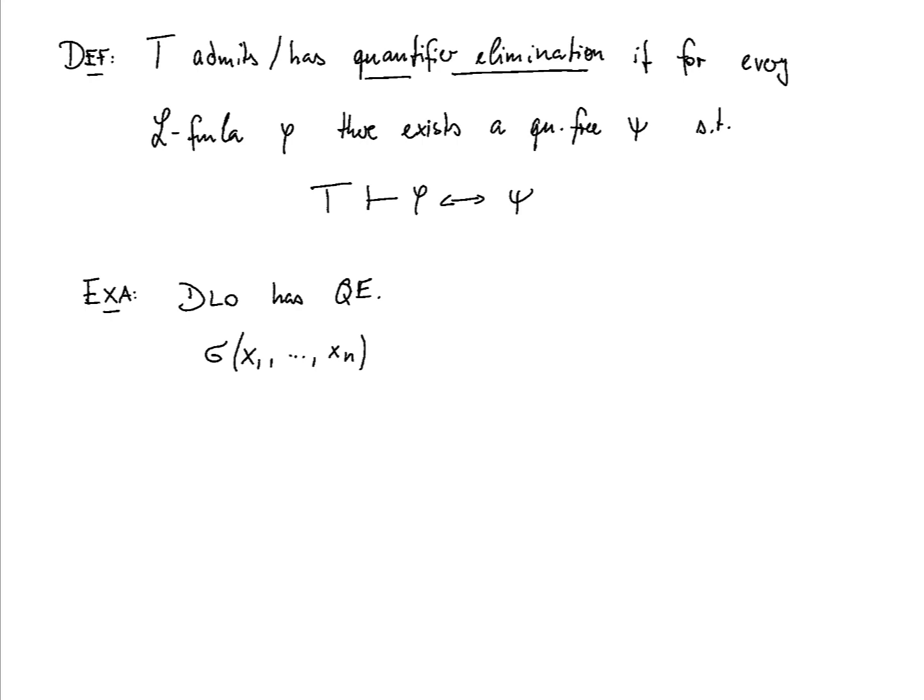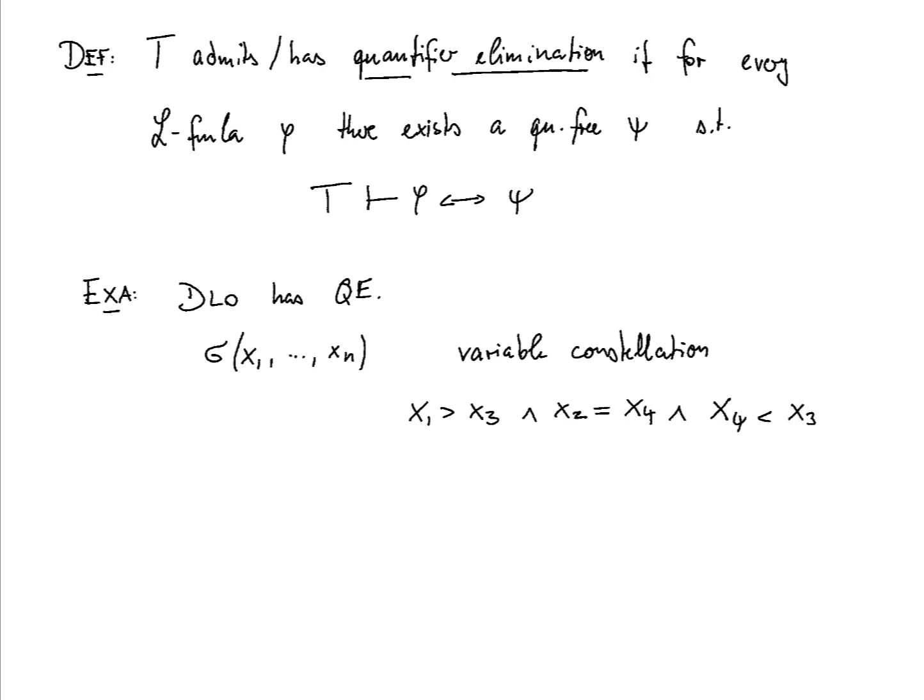So we'll denote a certain kind of quantifier-free formula by sigma of x1 up to xn, and we will call that a variable condition or constellation. Those are formulas of the form, let's say, x1 greater than x3 and x2 equals x4 and x4 less than x3.